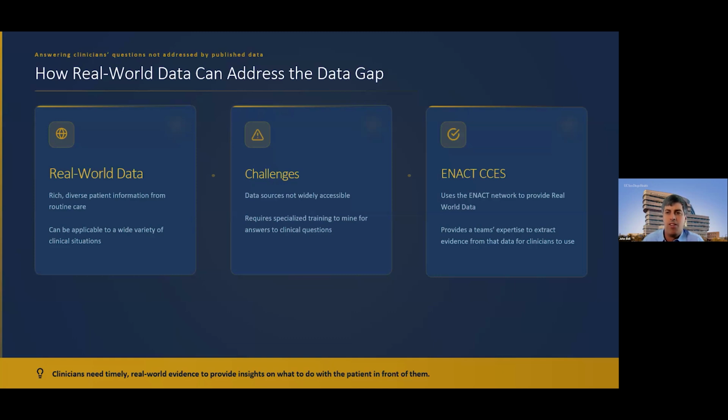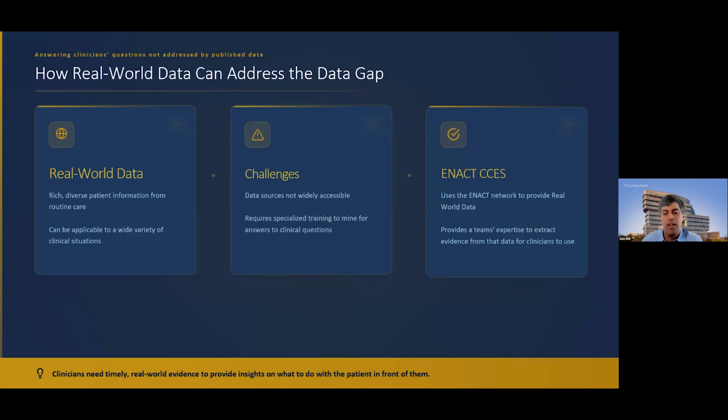But you see the utilization of it is that there's been a few super users who use it all the time, and there are many clinicians who have never even accessed it, even though it's been available to them for many, many years. Secondly, it takes a lot of know-how to figure out how to get my clinical data to answer my clinical question from the data source.